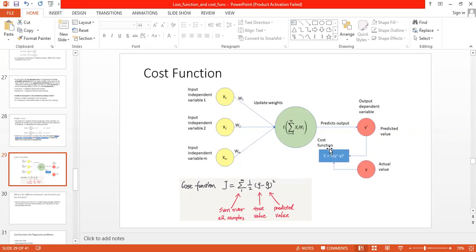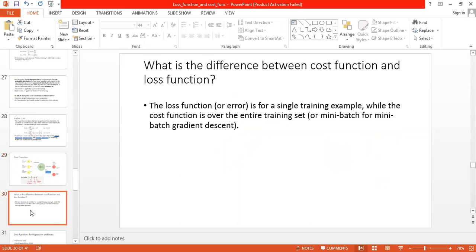If there is a difference, that will be our error. Then according to that error, we have to adjust our weights and bias values. In this way the whole process is repeated until we get a near actual prediction value. So this is the difference between the cost function and the loss function.